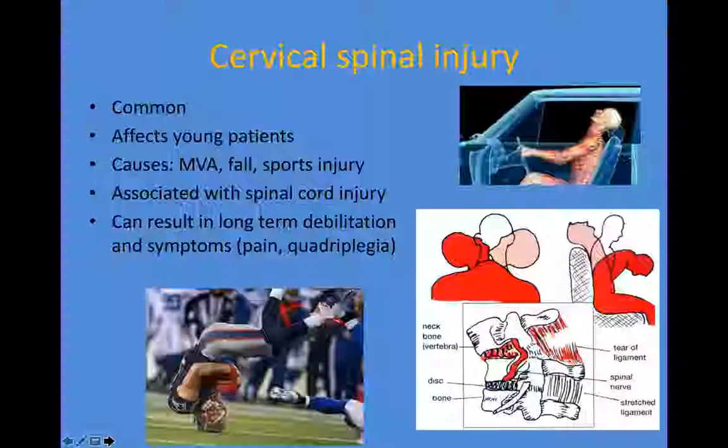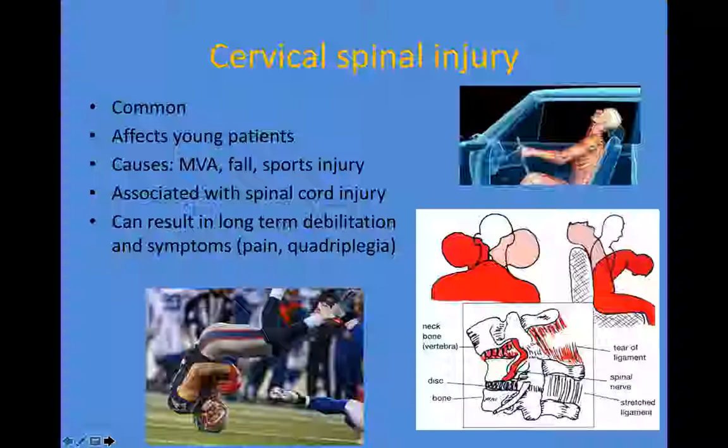Cervical spine injury, as I was saying, is really common, and it's important because it affects young patients. These are 80% males. The most common age of presentation that we see is actually teenagers under the age of 20. Average age of these patients, when you look at all comers, is around 30, but still it's a population that's 15 to 40, and that's because these are patients who are motor vehicle accidents, fall, sports injury.